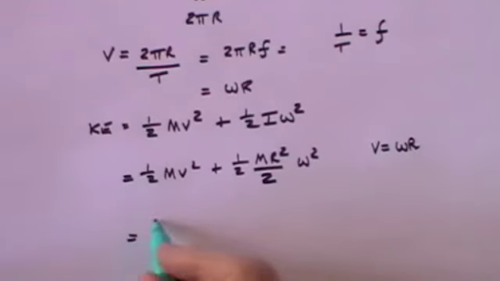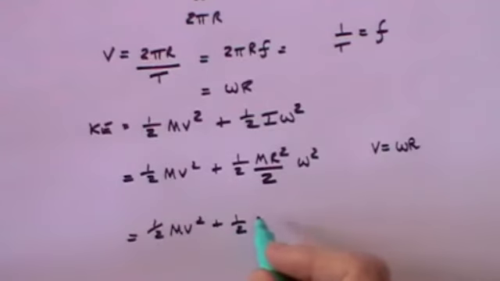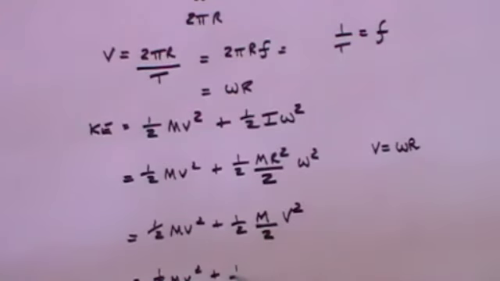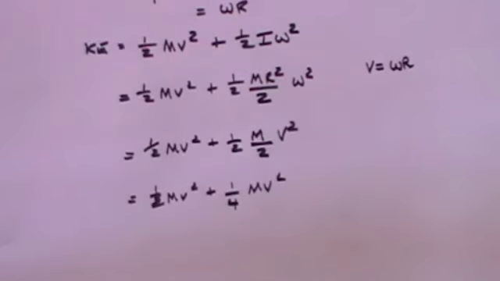So this now becomes a half mv squared plus a half m over 2 v squared. And that's a half mv squared plus a quarter mv squared. And that's 3/4 mv squared.